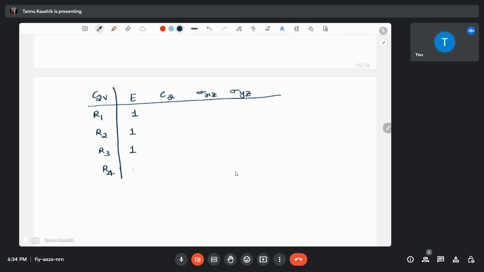So it will become 1, 1, 1, and the dimensions N1, N2, N3 and N4.